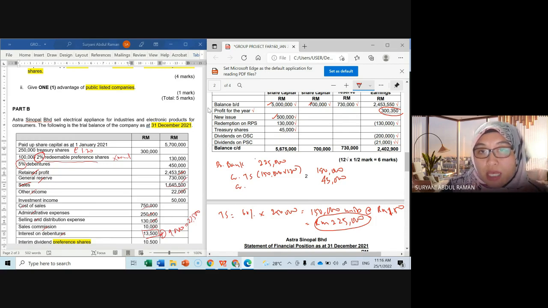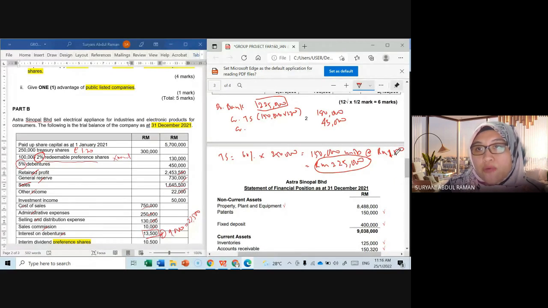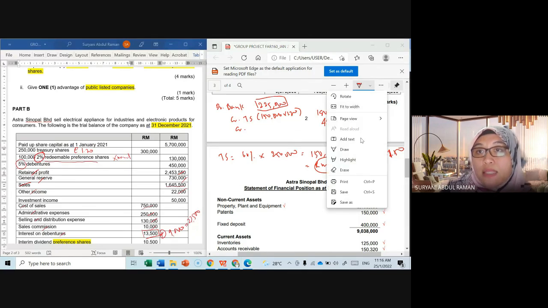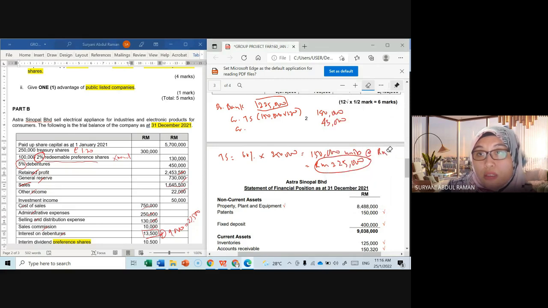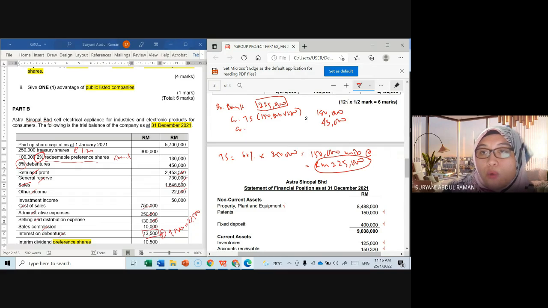You sell the treasury shares at 225,000 because your selling price is RM1.50, but the carrying value is RM1.20. So you have a gain, class. Faham tak? You jual dalam keadaan untung. Sebab apa untung? Sebab carrying value RM1.20, but you manage to sell at RM1.50.